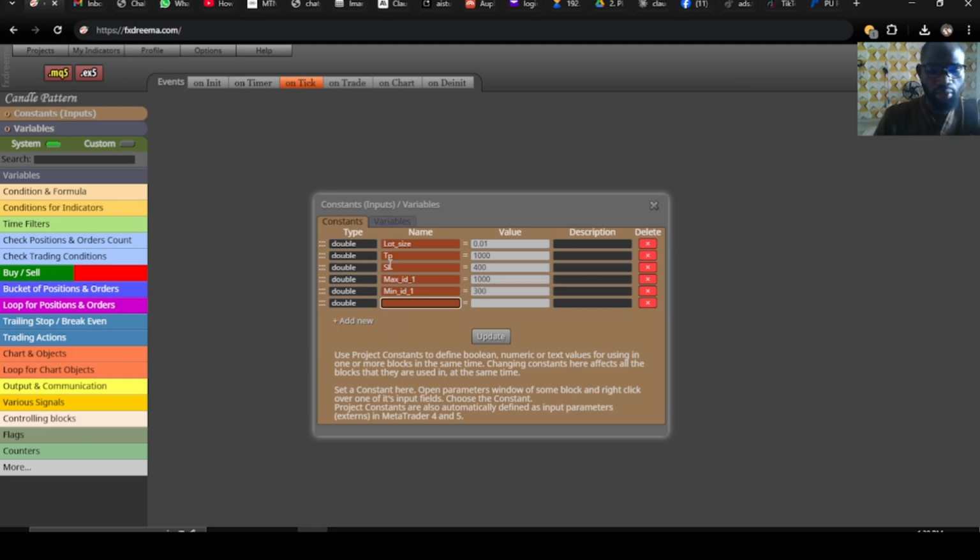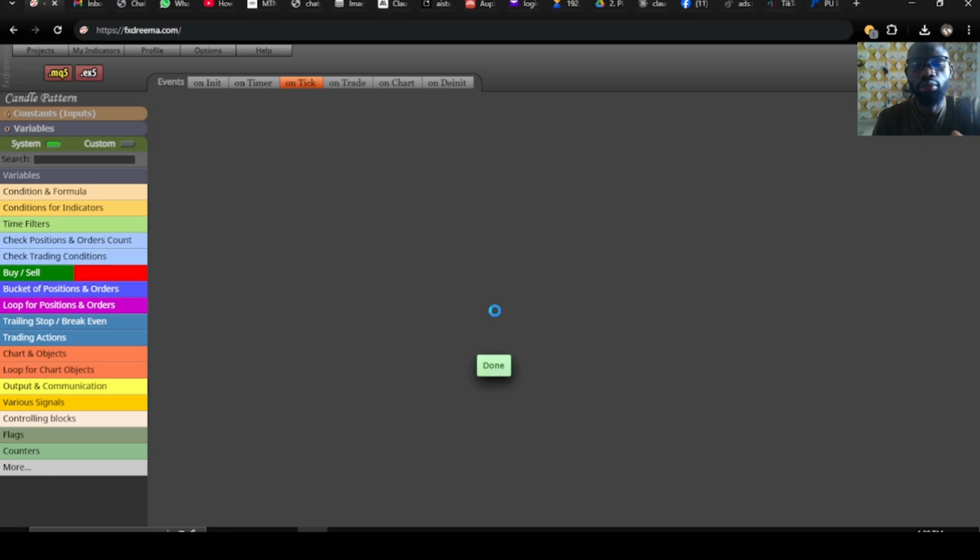Let's say maximum ID 2, 300 points. Then we update. I'm going to be explaining why we are making use of this maximum candle and minimum candles.